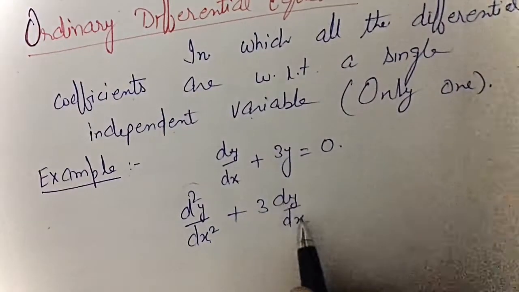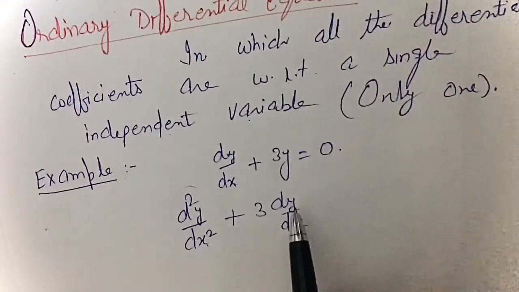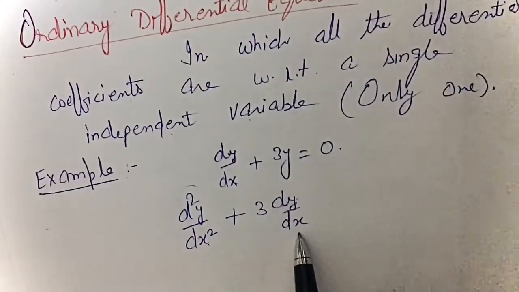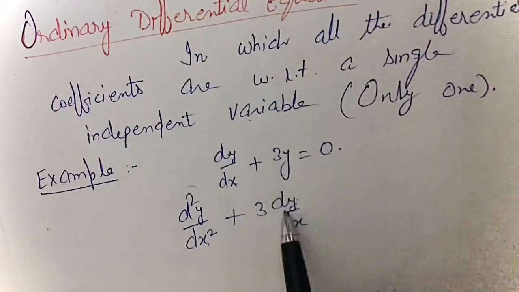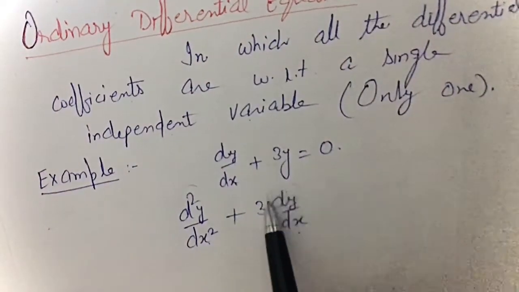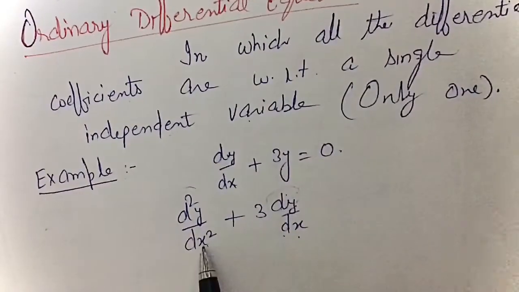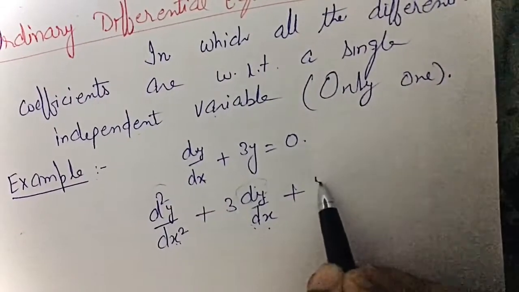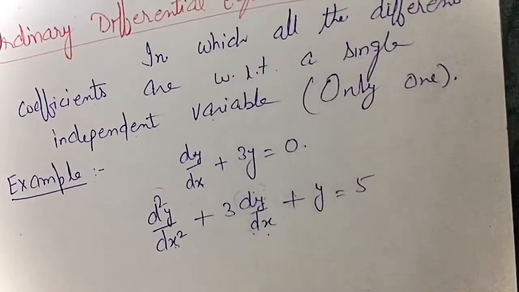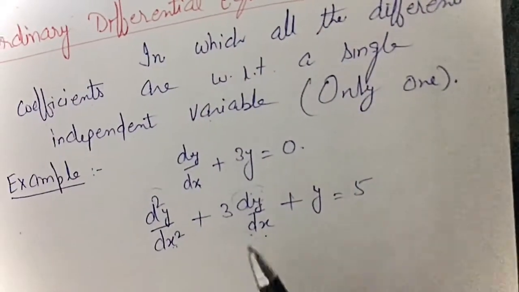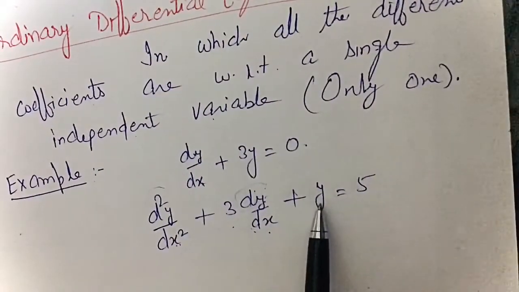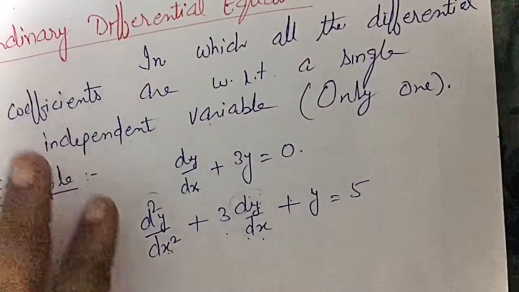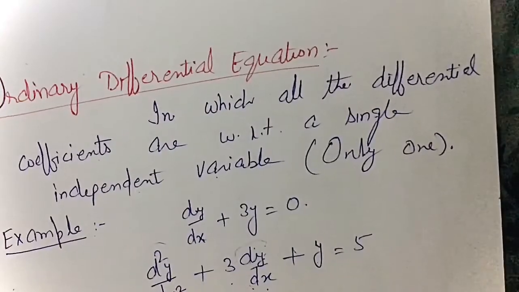The number of times we are differentiating the dependent variable with respect to the independent variable is called the order of the derivative. By combining these derivatives, we get the differential equation. It is a relation between the dependent variable and its differential coefficients. Now that is all about the differential equation and ordinary differential equation.